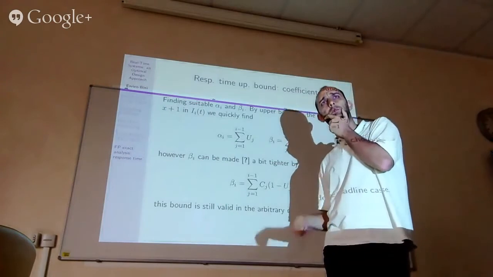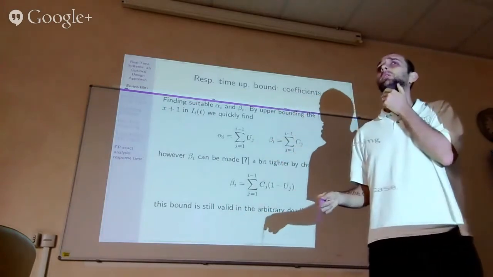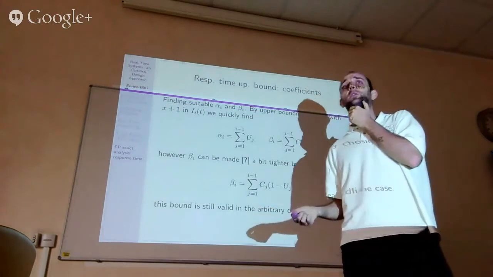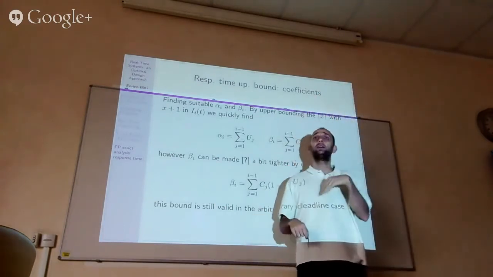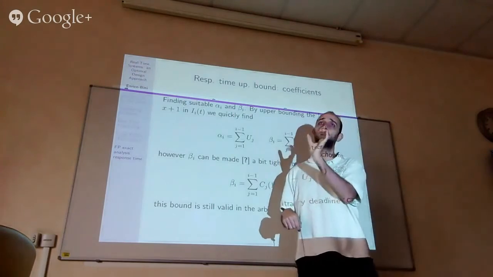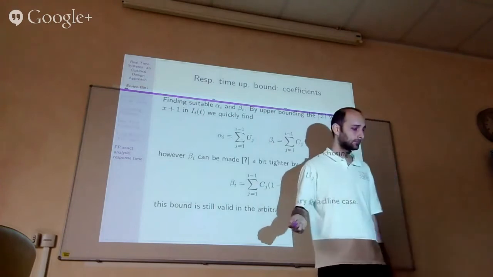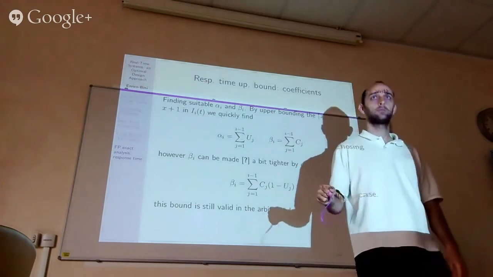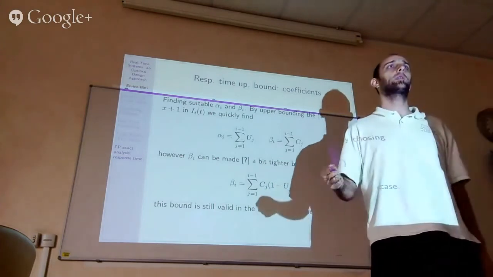Sporadic in the way, sporadic with the minimum inter-arrival time of 5. No, it's not, because if it's sporadic with a minimum interval of 5, then it may arrive always every 5. It may. Your pattern was mandatory. Yeah, my pattern was there. I assumed that was the pattern. Okay.